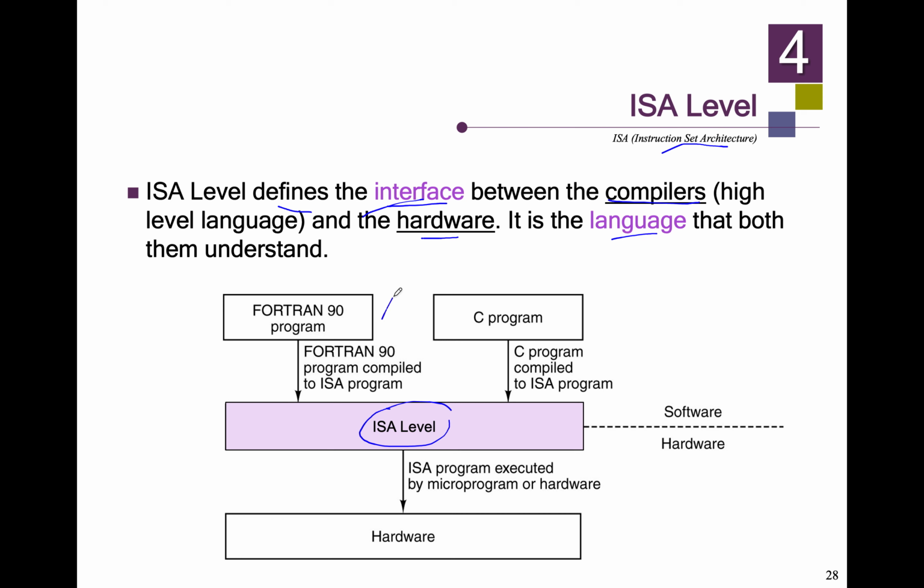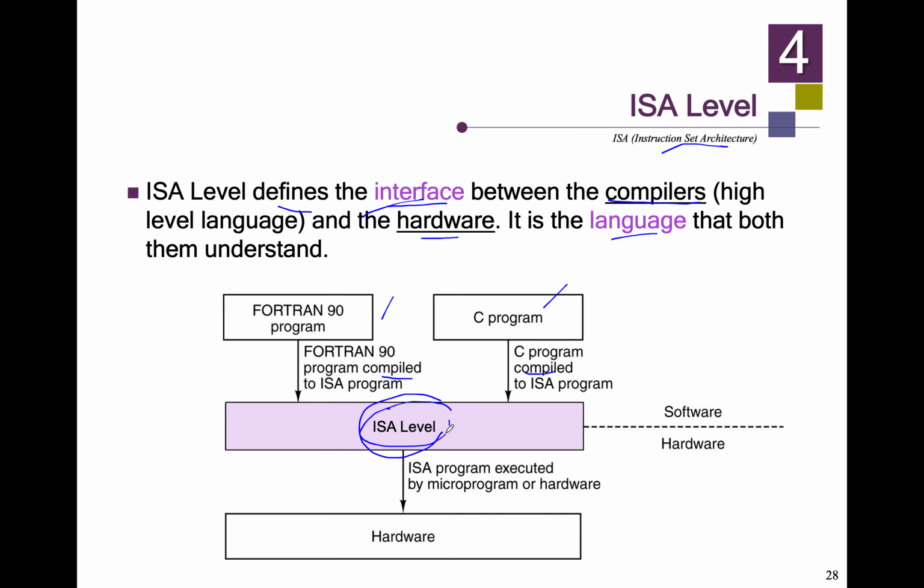Let's say you have a language like Java or C programming. You're going to compile first, and before it is converted into your machine language, you can also just use the ISA level interface.